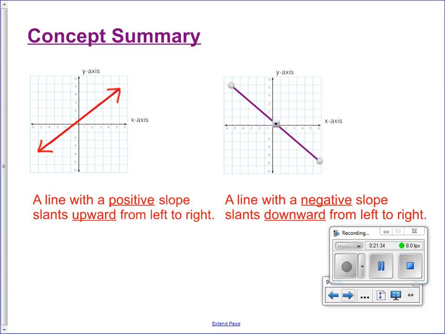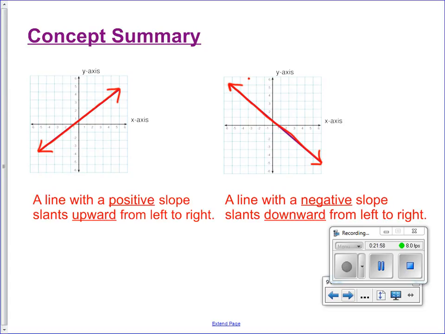My next example, a line with a negative slope slants downward from left to right. So, whoops, putting my arrows on. As I am coming from left to right down this line, I will have a negative slope.